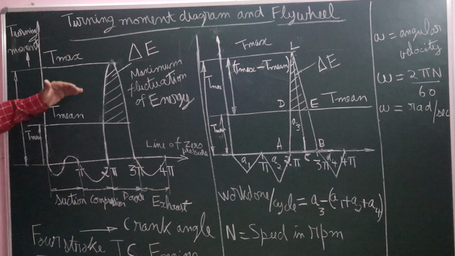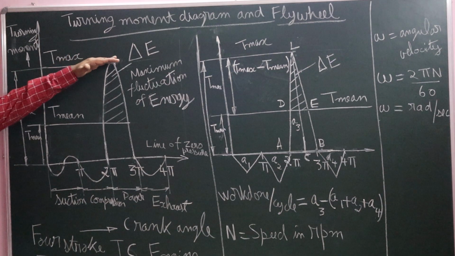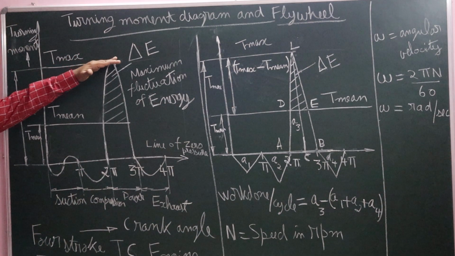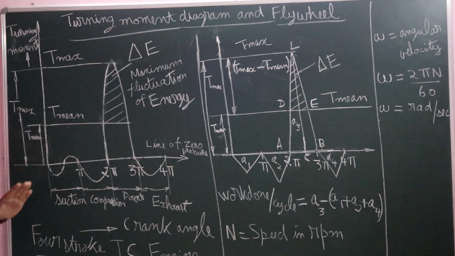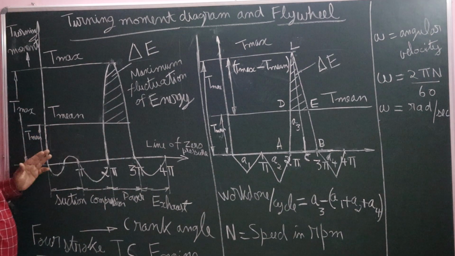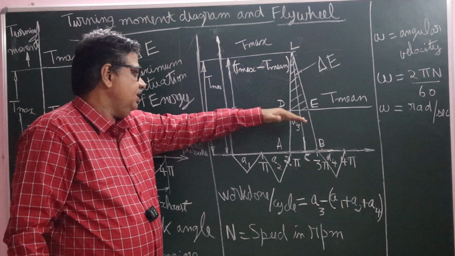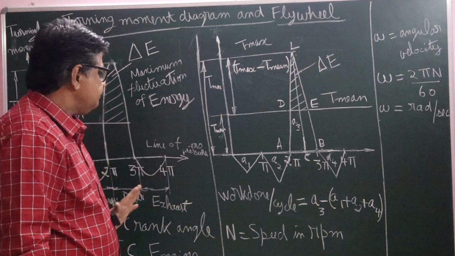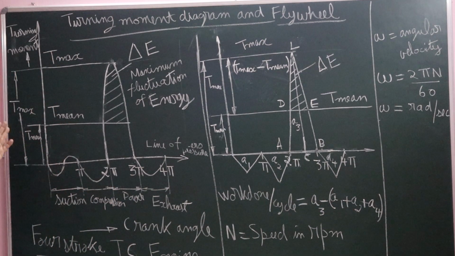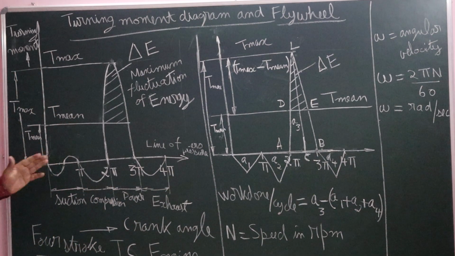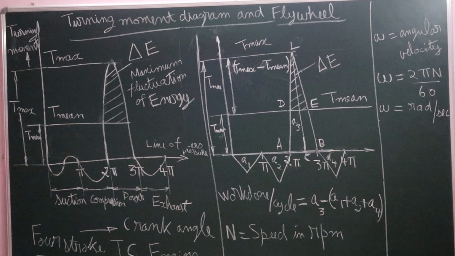It becomes maximum during power stroke or expansion stroke or working stroke. And T mean is the mean torque on the engine. Therefore, we have to find the fluctuation of energy, the energy above the mean torque line. So this is the turning moment versus crank angle diagram. Now let us see the next.